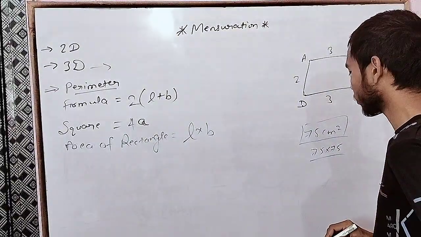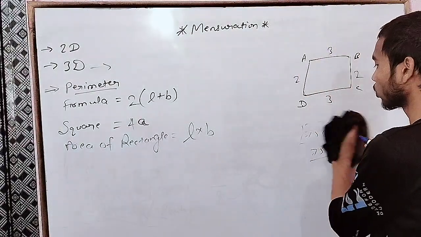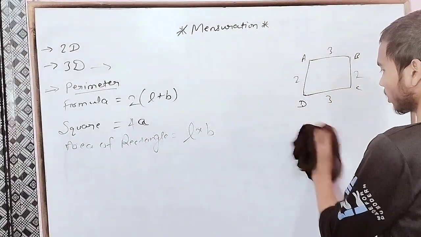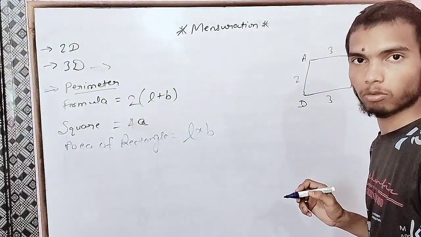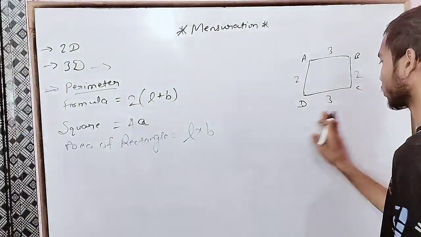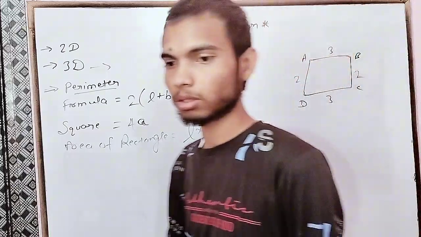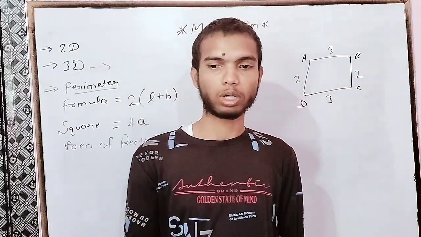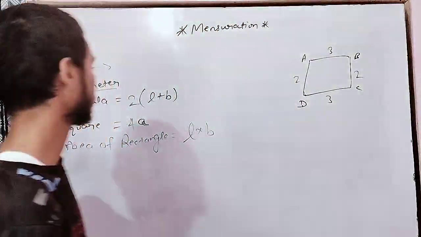This is exact. That's why we take only one common. It happens in the formula of area of a square: we take one instead of two. If a variable is two times, then we take only one time.